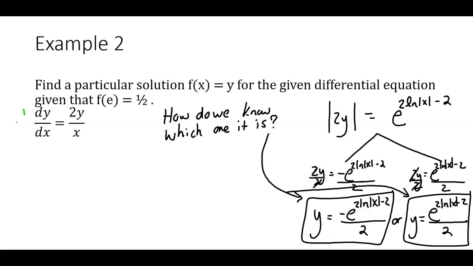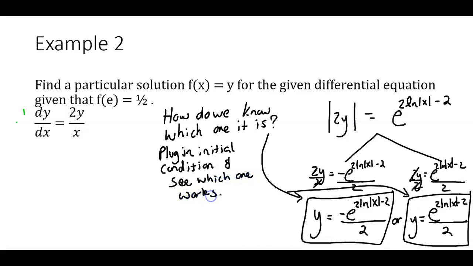The answer to that question is plug in your initial condition and see which one works. So the question is, when you get two answers, how do you know which one is right?